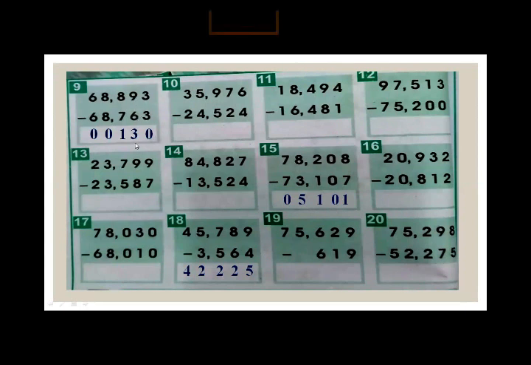You can easily subtract. 9 minus 6, 3. Hundreds place, 8 minus 7, 1. Thousands place, 8 minus 8, 0. And 10,000 place, 6 minus 6 equal to 0. Your answer, when you read it, is 130. Because in the thousands and 10,000 place, what's the answer? 0.